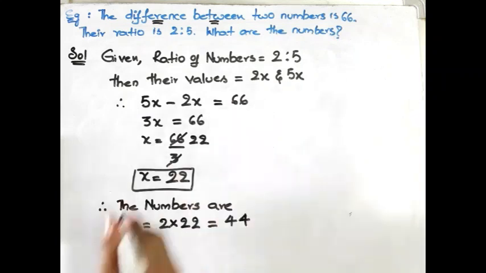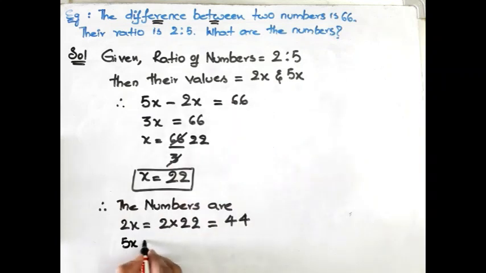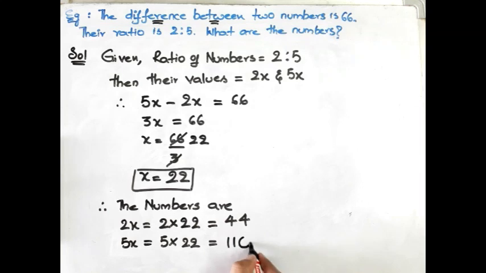And the other number is 5x, which is equal to 5 into 22, which is 110. Hope you are clear. So these are one of the important models. Now let us move to the next one.